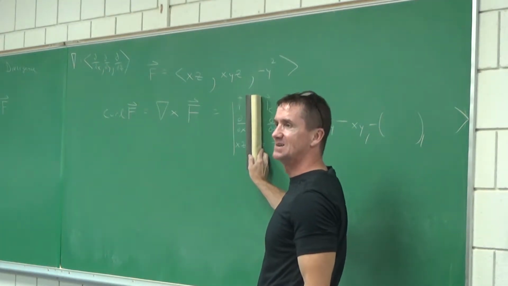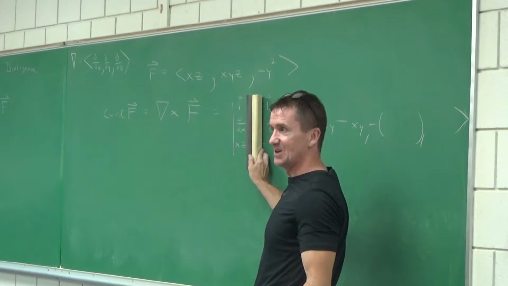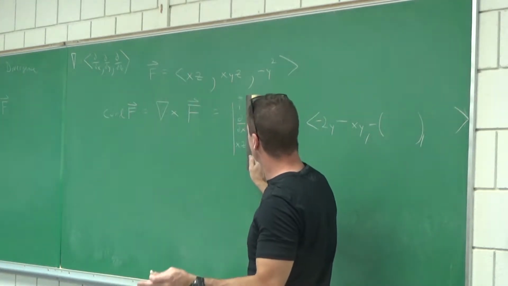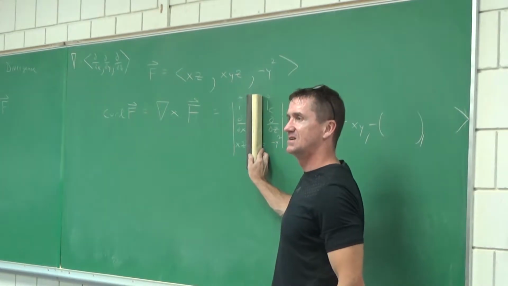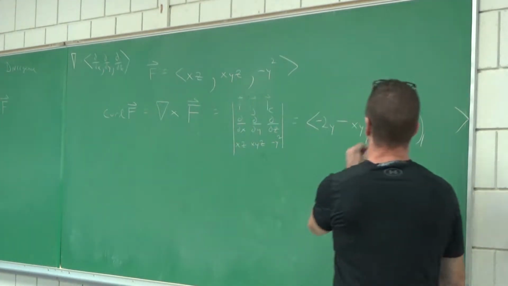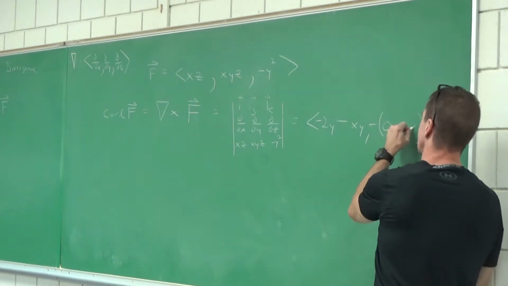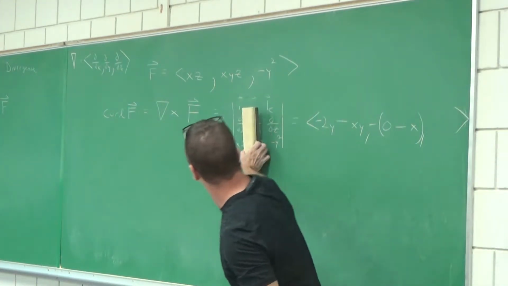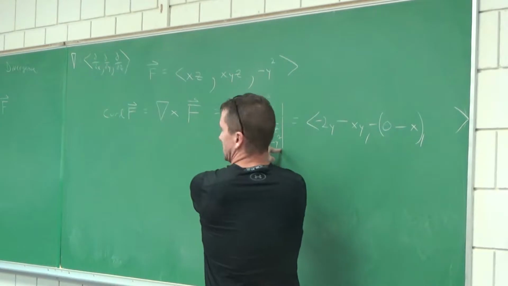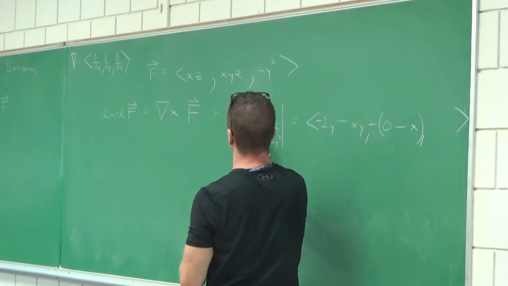Doesn't have an x in it. So 0, right? All right, so we'll get 0 minus the partial of that with respect to z, x. So I get 0 minus x. So I actually got a 0 when I did that. So let's see, when I wipe out that middle column, partial of that with respect to x minus partial of that with respect to z.